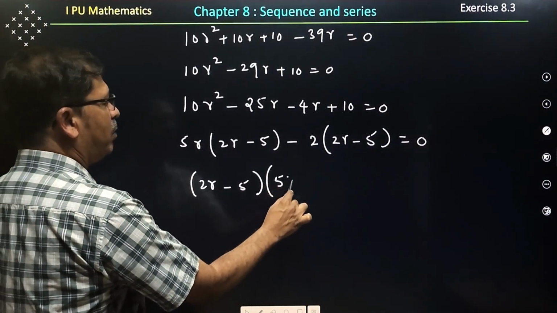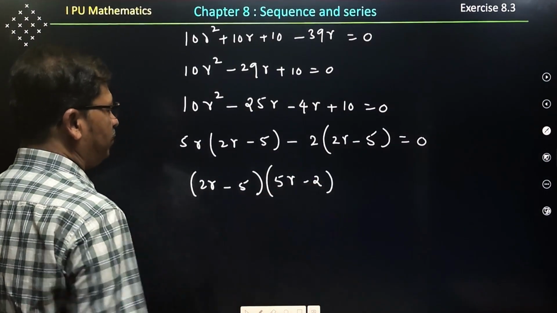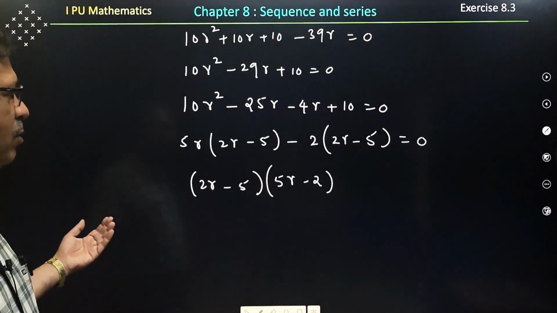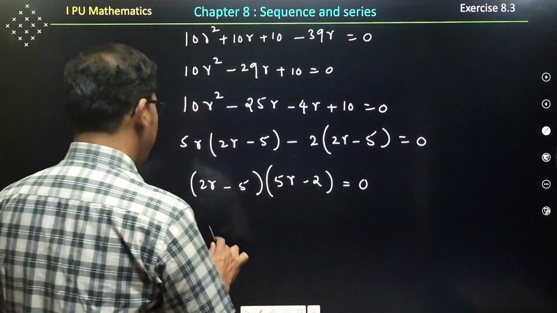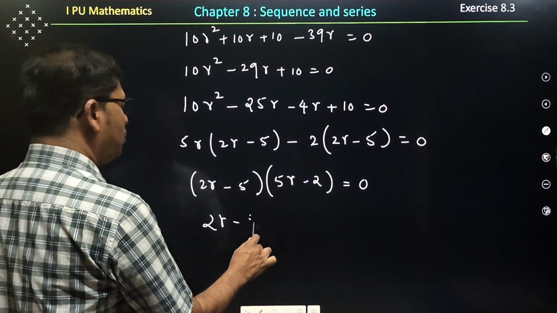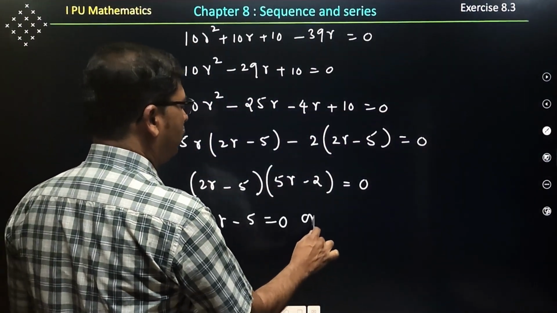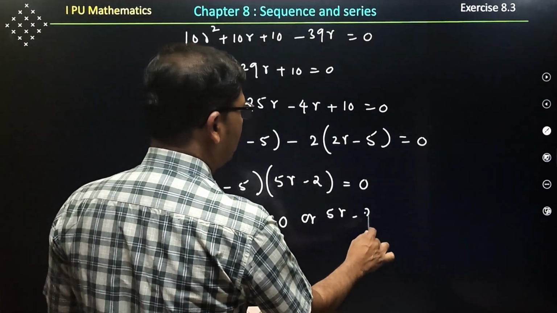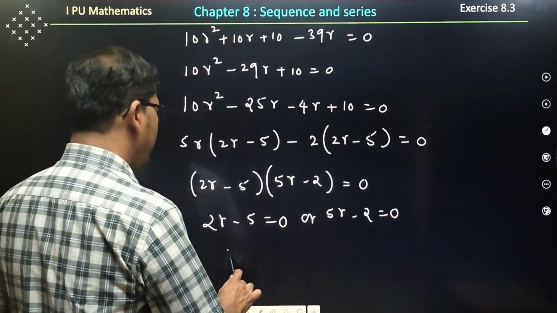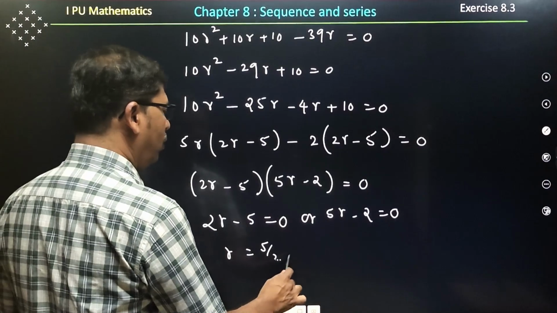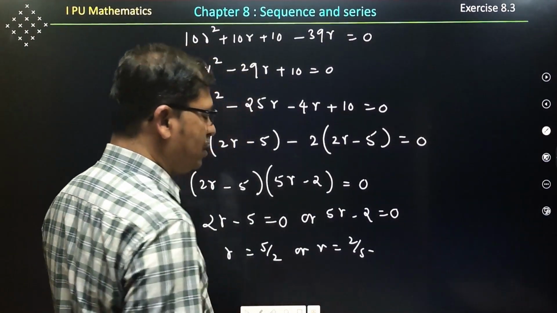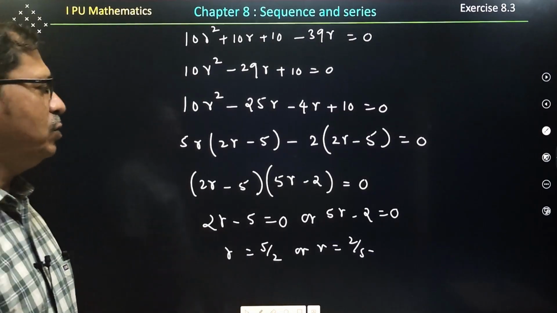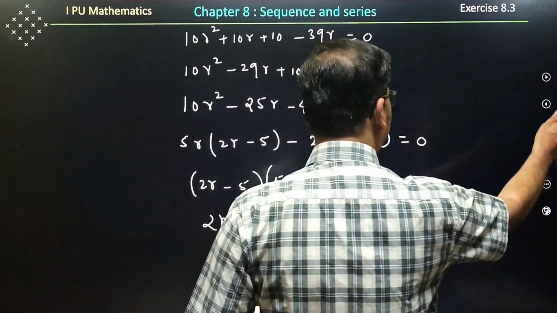Another one is 5R minus 2. Write quickly. 2R minus 5 you take as a whole common. 5R minus 2 remains. This is equal to 0 here. Equating each factor to 0, 2R minus 5 equal to 0 or 5R minus 2 is equal to 0. So R equal to 5 by 2 or R is equal to 2 by 5. Two possibilities are there here. Two different situations or two possibilities are there.